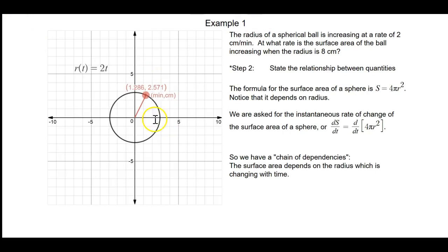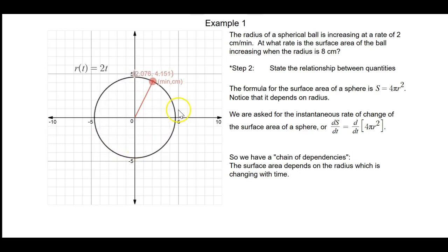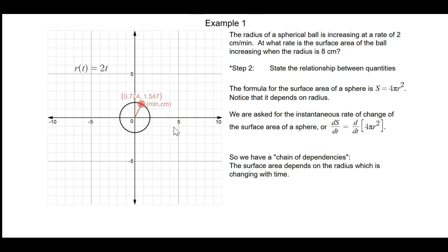So if I use Desmos to continually increase the radius of this circle, you can see how it's increasing and how the radius is going to affect the area of the circle, and if we were considering this in 3 dimensions, the surface area of a ball. So we've drawn our picture.